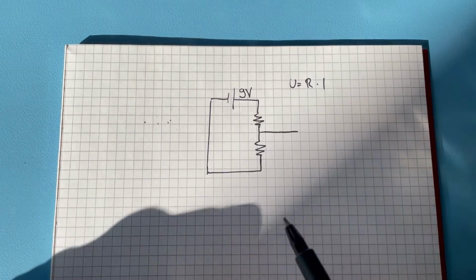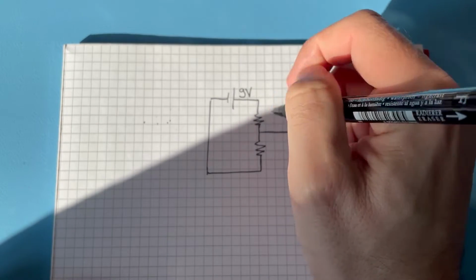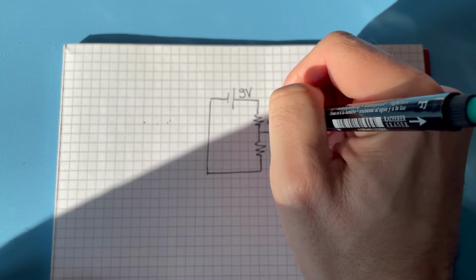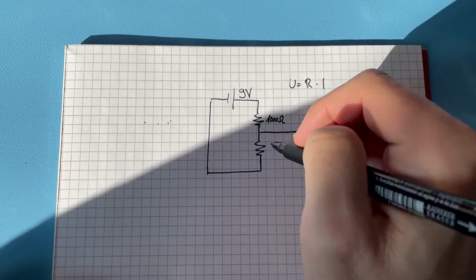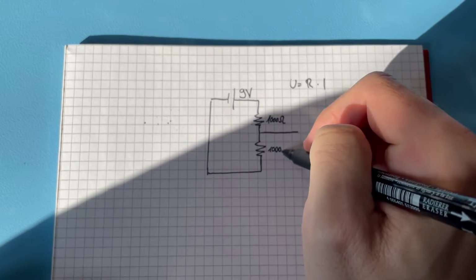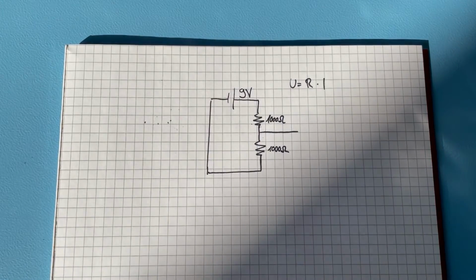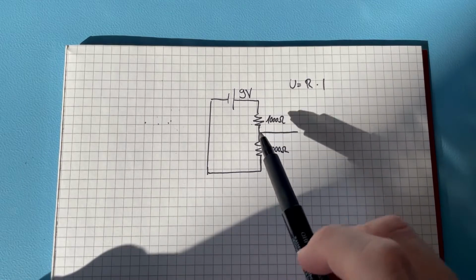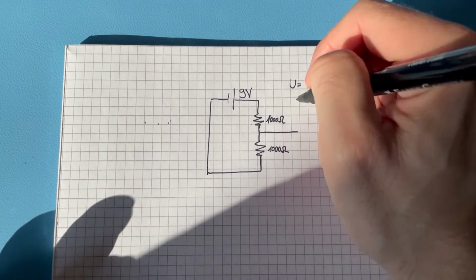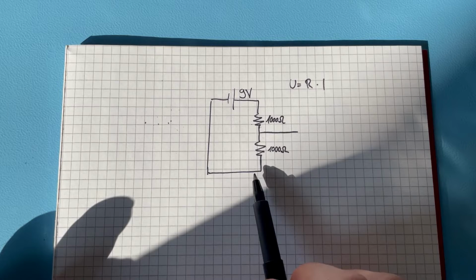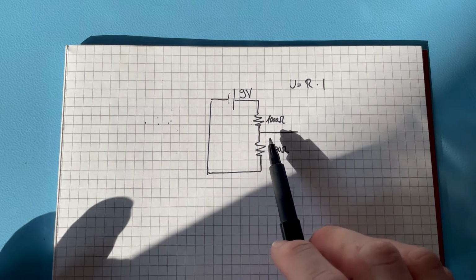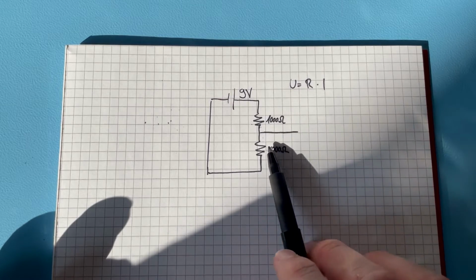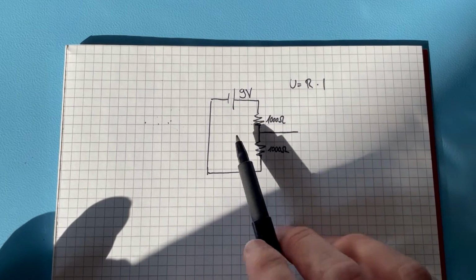So if we imagine it, if we have here this resistor is 1000 ohm, and the second one is also 1000 ohm. So we want to have the voltage across these resistors, and as they are equal, the same current will be flowing through them.